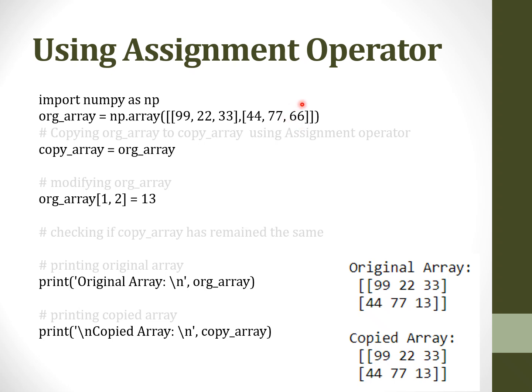So the first row, second element is this one, and this value will be replaced by 13. Now if you print the original array and the copied array, you can find 99, 22, 33 printed as it is, 44, 77 also printed as it is, and this 66 is replaced with 13, and it is changed in the copy array also. So if you print both the arrays, we can find that there is a change in the value of the array.